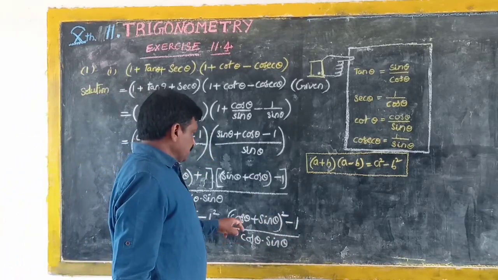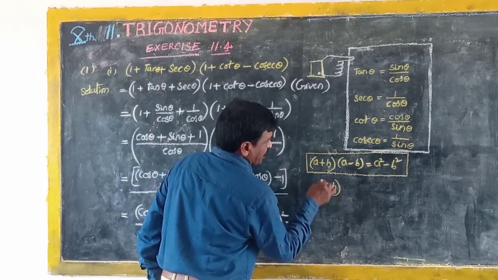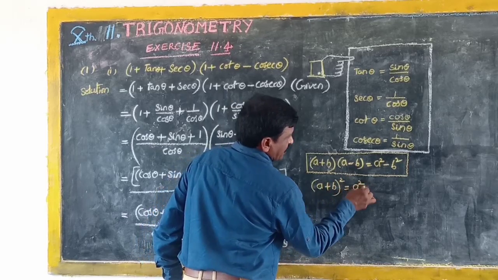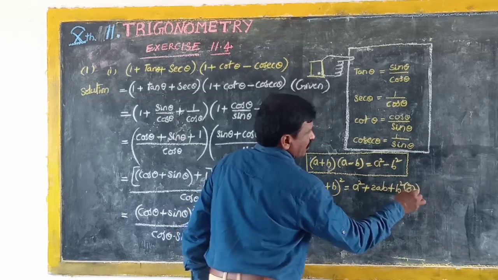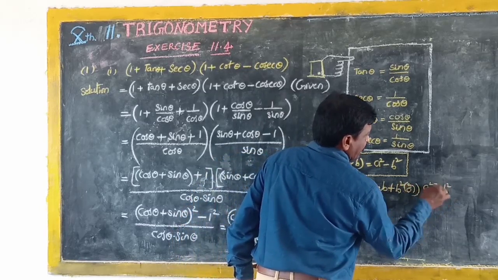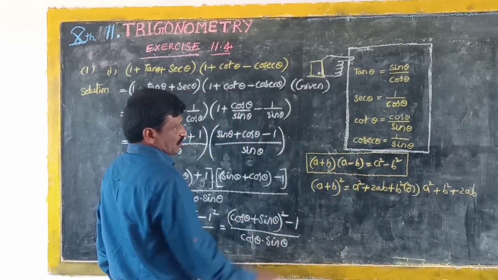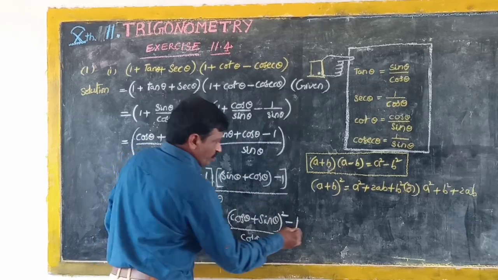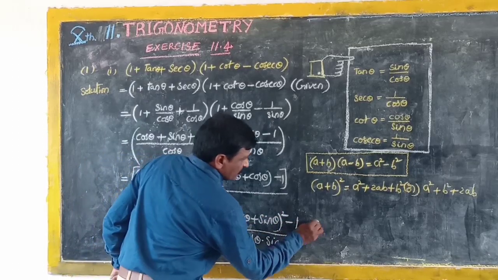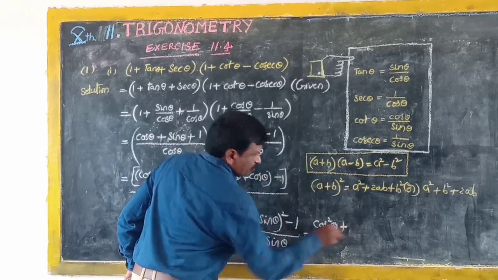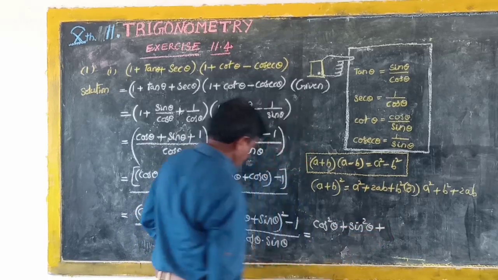It is in the form a plus b whole square, which means a square plus 2ab plus b square, or a square plus b square plus 2ab. Both are equal. So a plus b whole square: cos square theta plus sin square theta plus 2ab.